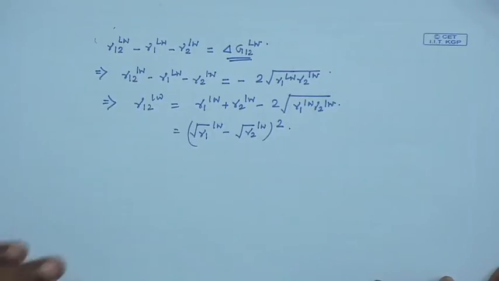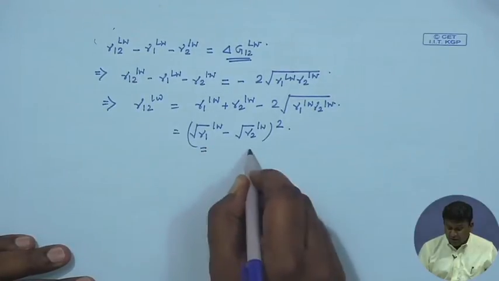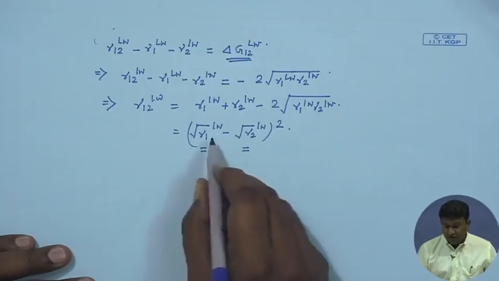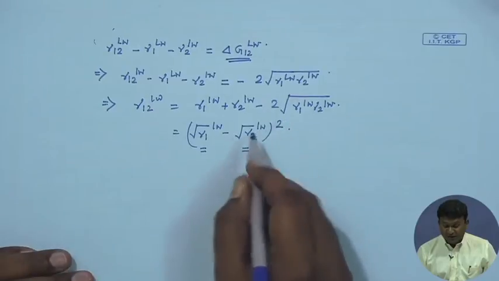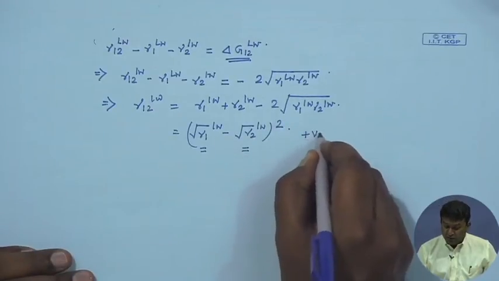which is a neat expression nonetheless, but there is some additional consequence of that. What is this consequence? Gamma 1 and gamma 2 both are positive real numbers. So, therefore, whatever is the difference, whatever is the numerical magnitude, their square is always positive.